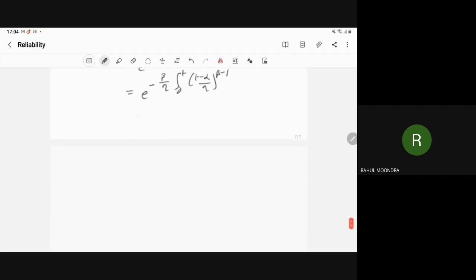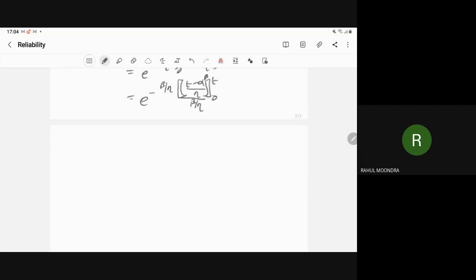This can be written as e to the power minus beta upon eta, and the integration will be (t minus alpha upon eta) to the power beta, divided by 1 upon eta, with limits 0 to t.